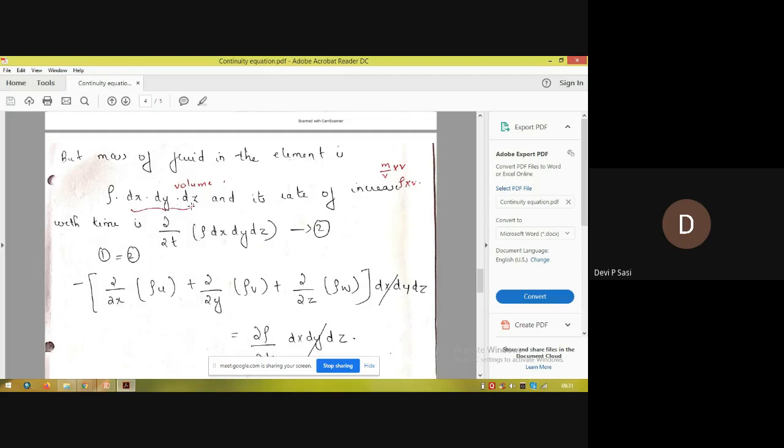Then it is increasing in that particular period of time, so we have to differentiate it with respect to t, where t is time. So we differentiate the same with respect to time: dou by dou t of rho into dx into dy into dz. Now, what is equation 1?